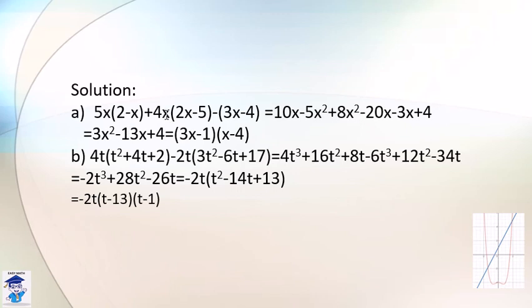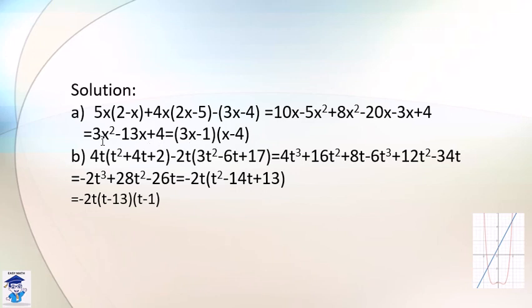And then 4x times negative 5 is negative 20x. Next, 3x is negative, and then the negative times negative 4 is positive 4. So combine like terms. You get 3x squared minus 13x plus 4.